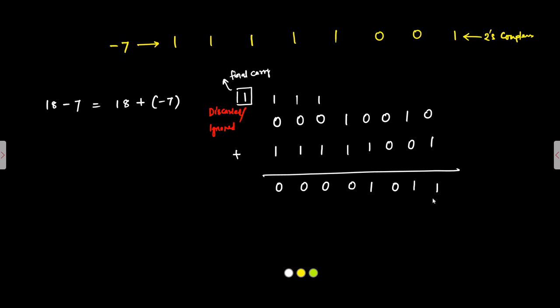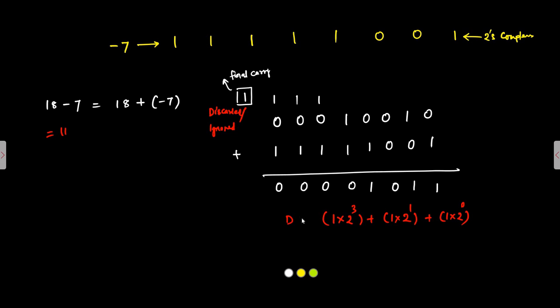Okay, so now if we convert it into decimal form to see the result, we know 18 minus 7 is equal to 11. So let's see after we convert it into decimal form whether it is 11 or not. It will be 1 into 2 to the power 3 plus 1 into 2 to the power 1 plus 1 into 2 to the power 0.